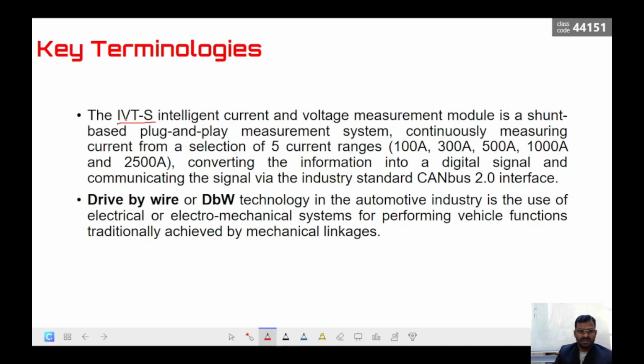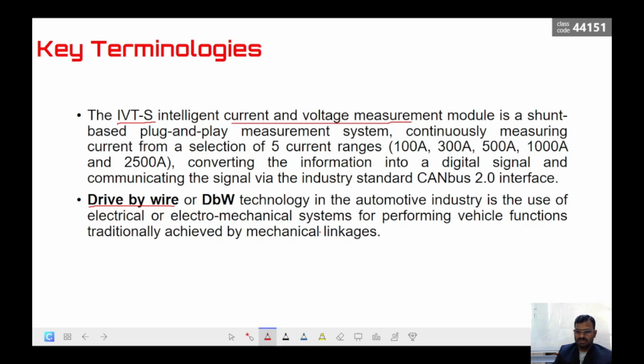So this is a measurement device which is going to continuously measure current and voltage, and it communicates this information to the controller using the CAN bus. And the second one is DBW, which is drive by wire.